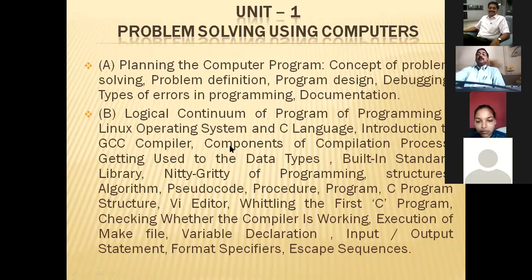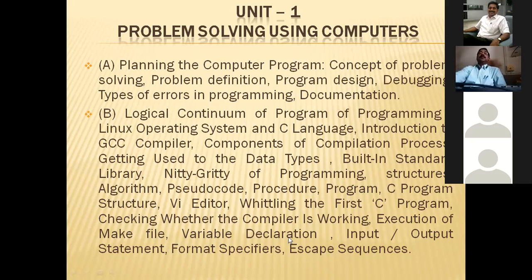Introduction to GCC compiler, components of the compilation process, data types of C language, built-in standard library, the nitty-gritty of programming, structure, then algorithm, then pseudocode, then C program structure, VI editor, whittling with the first C program, checking whether the compiler is working, execution, how to make the file, then variable declaration, input output statements, format specifiers, and escape sequences.